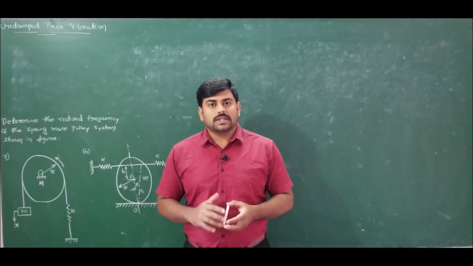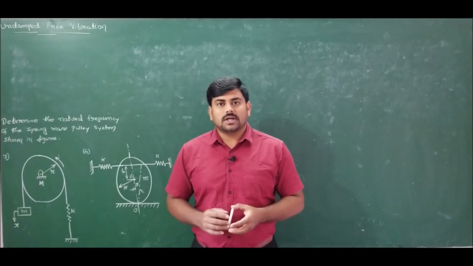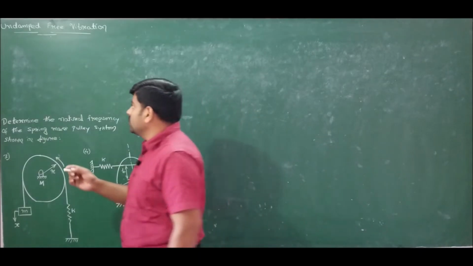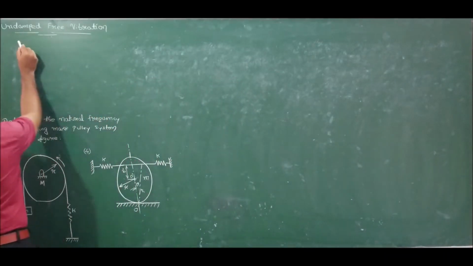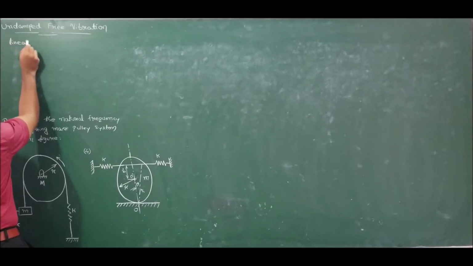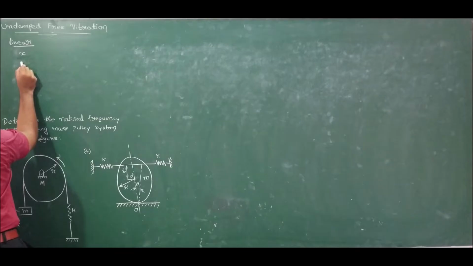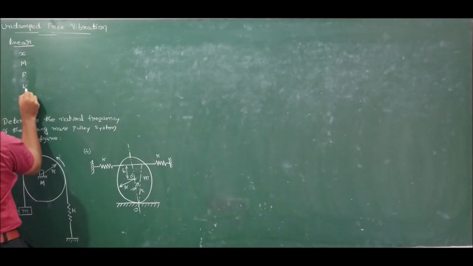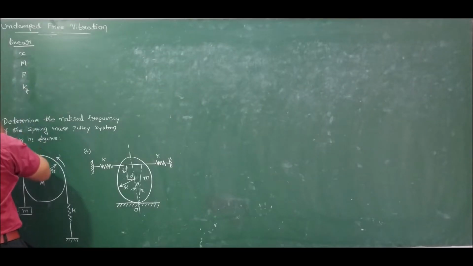Now what about the torsional systems? To analyze torsional systems, let me give you the equivalent parameters so that you can have better understanding. In linear systems, we have displacement x, mass, force, and stiffness.